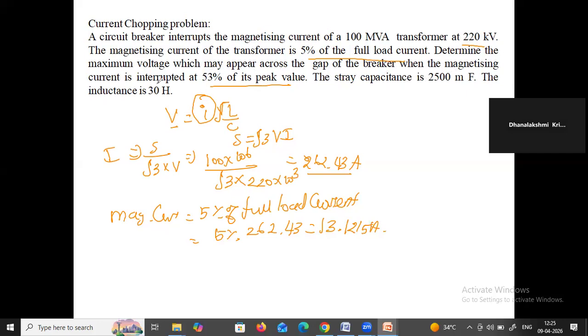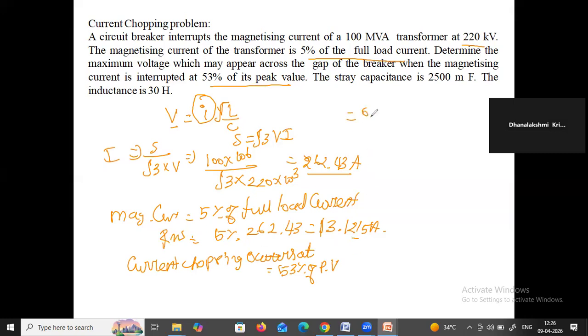Determine the maximum voltage which appears across the gap of the breaker when the magnetizing current is interrupted at 53% of peak value. For that reason, current chopping occurs at 53% of the peak value. This 13.1215 is the RMS value.